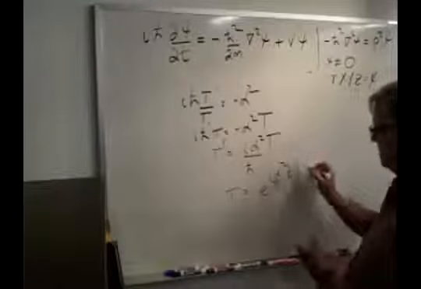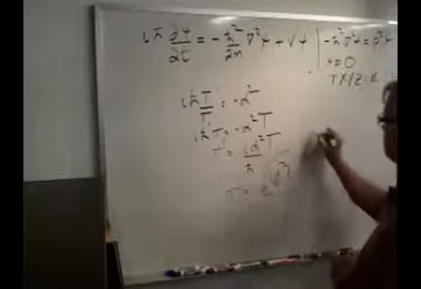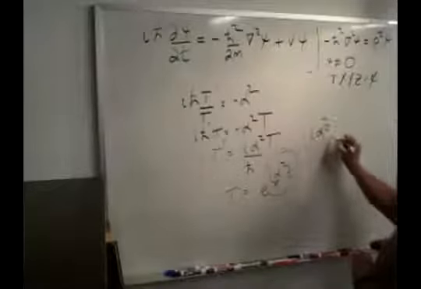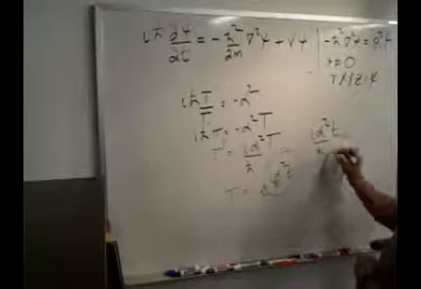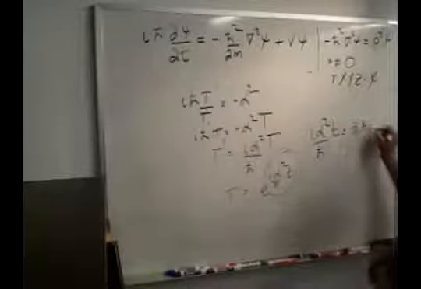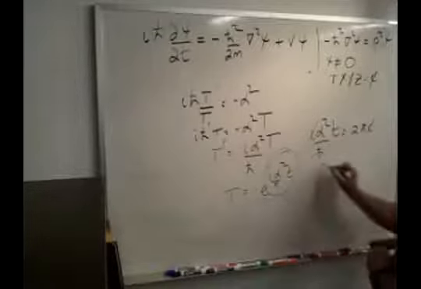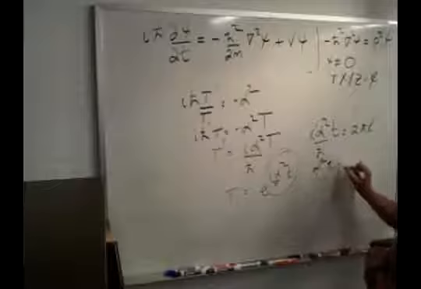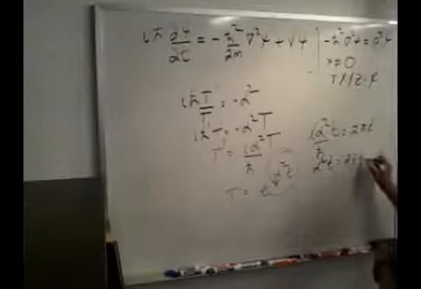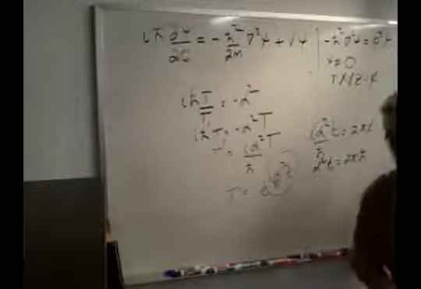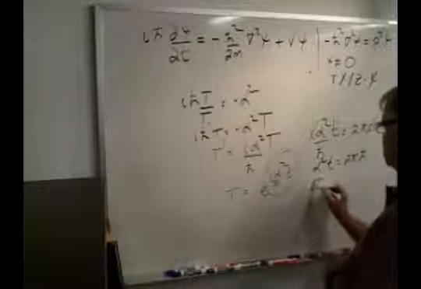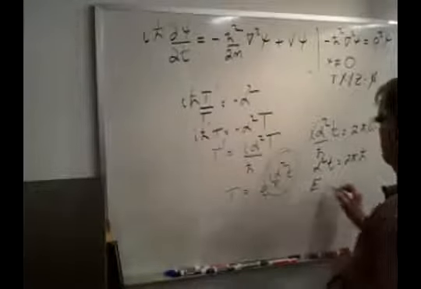So this would basically mean we take this part here, which is i alpha squared t over h bar, would equal 2 pi i. The i's cancel. We have alpha squared t is equal to 2 pi times h bar. That's equal to some energy, so we will denote that as the energy of the electron.